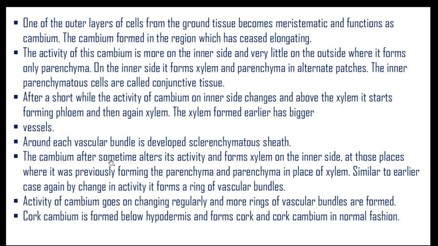The cambium after some time alters its activity and forms xylem on the inner side at those places where it was previously forming parenchyma, and parenchyma in place of xylem. Similar to the earlier cases, again by change in activity it forms a ring of vascular bundles.